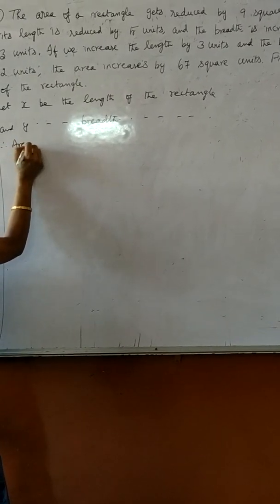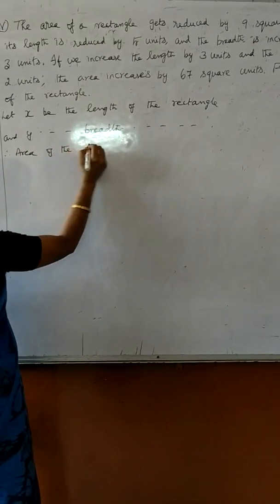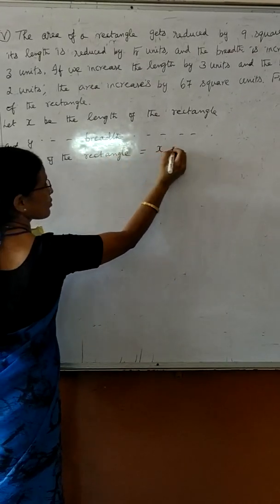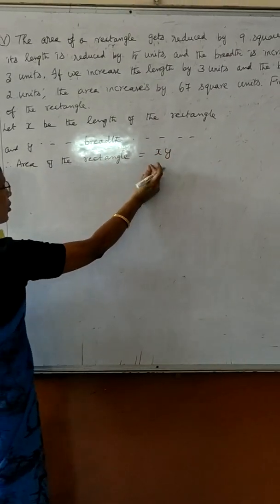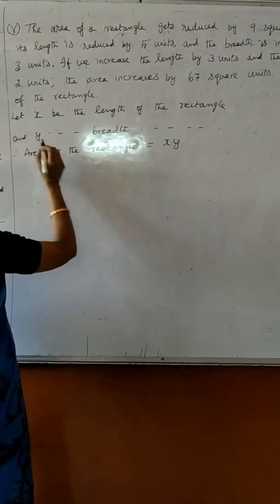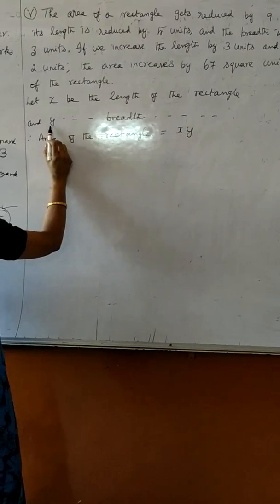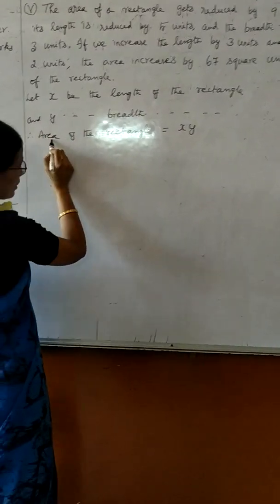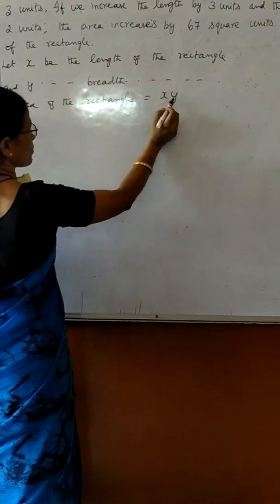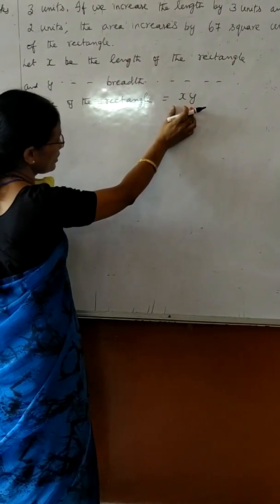Therefore, what is the area of the rectangle? We know the formula. It is length into breadth. So area of the rectangle becomes xy, and we know its unit is square units. So this we should remember. So xy is the area of the rectangle.